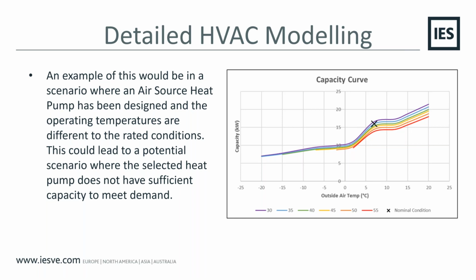Now, the rated capacity for a heat pump that we typically see published will be documented based on an outdoor air temperature of 7 degrees Celsius and running at a hot water loop temperature of about 35 degrees. The chart I've got on there illustrates the performance curves from a heat pump that I've been working with recently, where we can see that the capacity of that heat pump varies significantly depending both on outdoor air temperature and the operating temperatures.